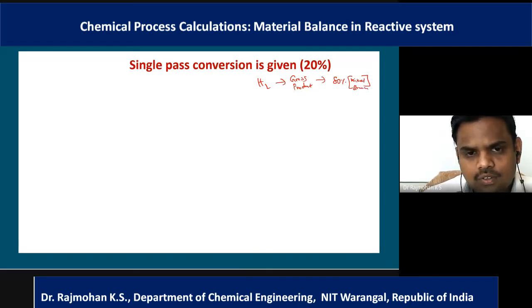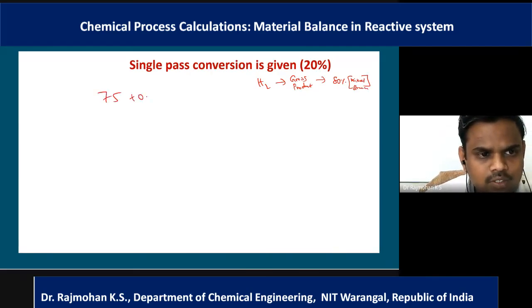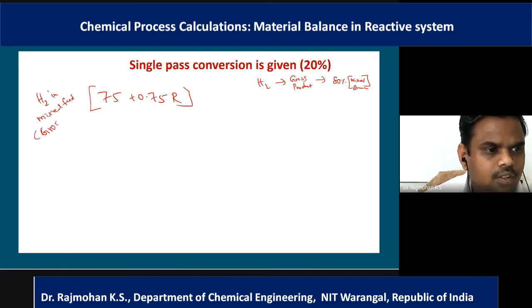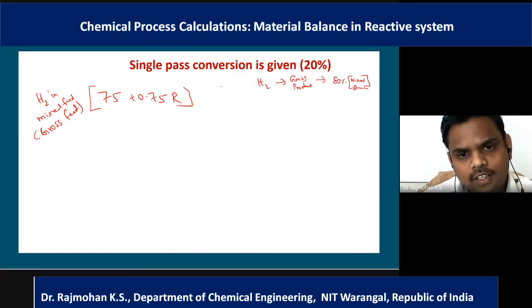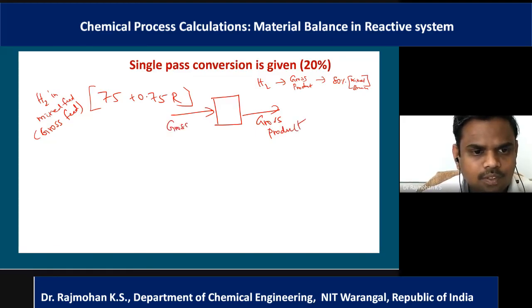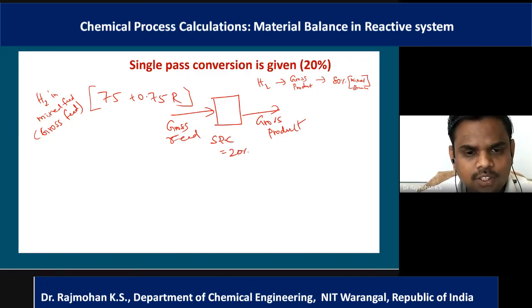So we have 75 plus 0.75 R as the amount of hydrogen in the mixed feed, also called the gross feed, right? So 75 plus 0.75 R is entering the reactor. If I say this is the reactor, this is the gross product and this is the gross feed.